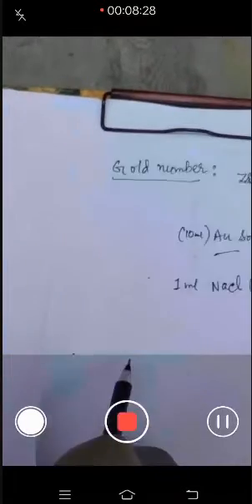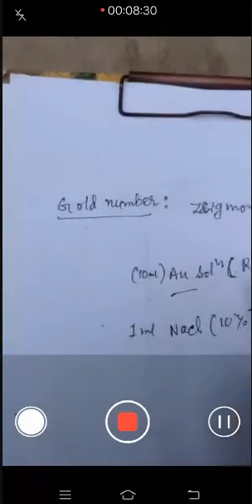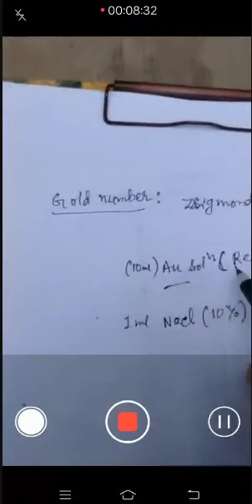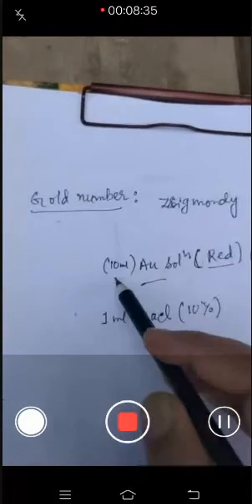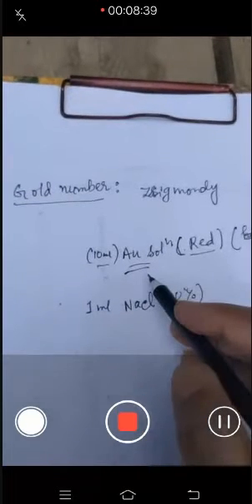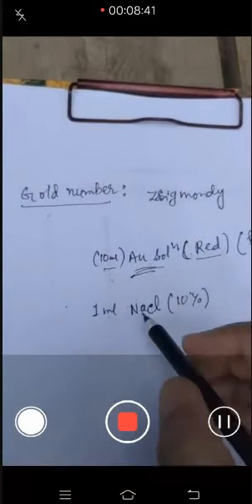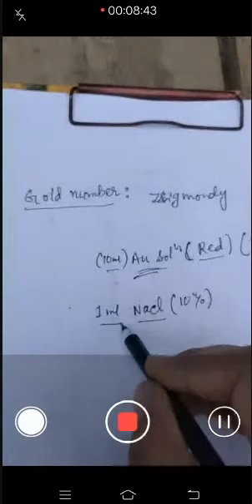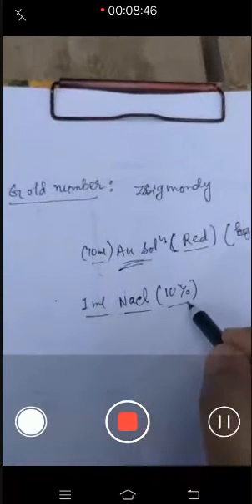Similarly, this is gold solution which acts as a colloidal sol, whose color is red. I took 10 ml of this gold solution. Now to aggregate this solution, I add 1 ml of NaCl, whose concentration is 10%.